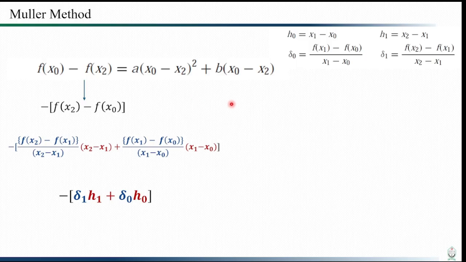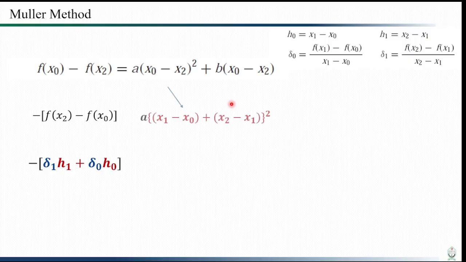Now we are interested in looking at the right hand side. The right hand side can be rewritten. This term can be rewritten as this, and then we can rewrite this part as this. As from the given reference, we can see that x1 minus x0 is h0, and x2 minus x1 is h1.